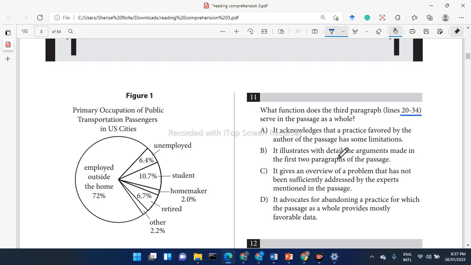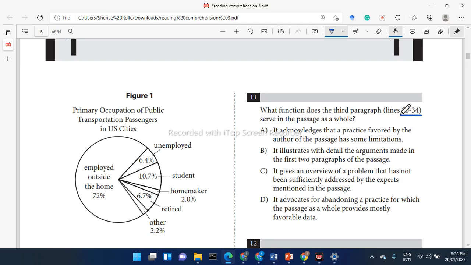B. It illustrates with detail the arguments made in the first two paragraphs of the passage. C. It gives an overview of the problem that has not been sufficiently addressed by the experts mentioned in the passage. D. It advocates for abandoning a practice for which the passage as a whole provides mostly favorable data.